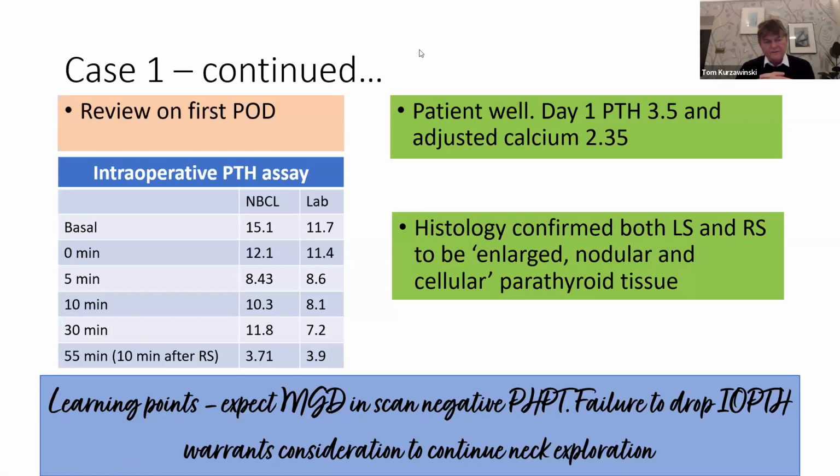It's a very important point, because surgeons are impatient creatures, and they always keep their fingers in, trying to check hemostasis or have just a quick look. So what really is important is that when you remove the first gland, you really have to allow the 5 and 10 minutes to be taken before you start looking again, because it is very easy to raise the PTH by touching the normal glands.